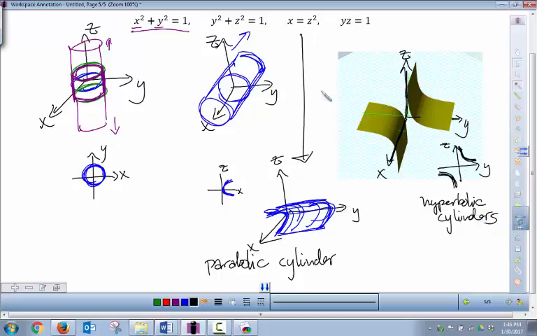And then these are just circular cylinders. We can also have elliptical cylinders, right? There was an ellipse that had been swept. Okay? Cool?